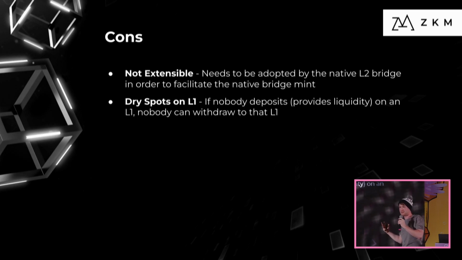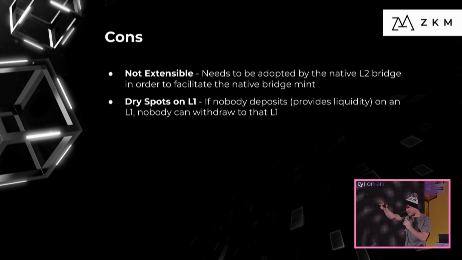All you have to do is implement it within yours. So again, it does have to be implemented within the native bridge on the L2. It has to be adopted, and you have to make sure that the ZK proofs are working correctly on every single implementation. One mistake potentially can lead to mass withdrawals. Oh no.